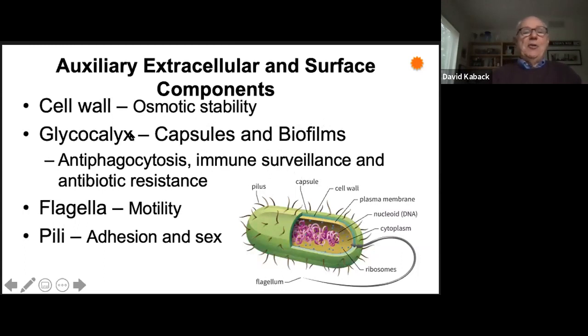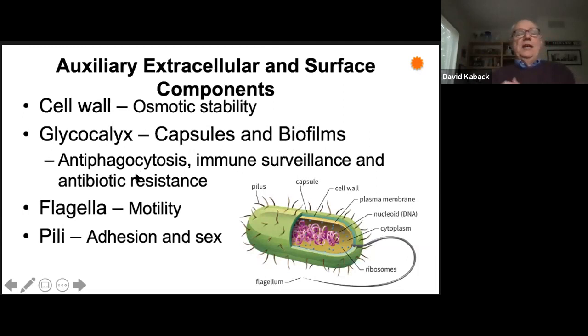The glycocalyx, whether capsules or biofilms, is important for preventing phagocytosis, the macrophage eating the bacteria. They inhibit immune surveillance by preventing T cells from seeing the actual surface of that bacteria and making T cell receptors or antibodies against that bacteria.